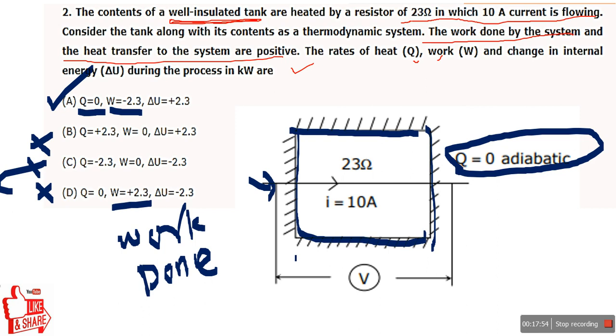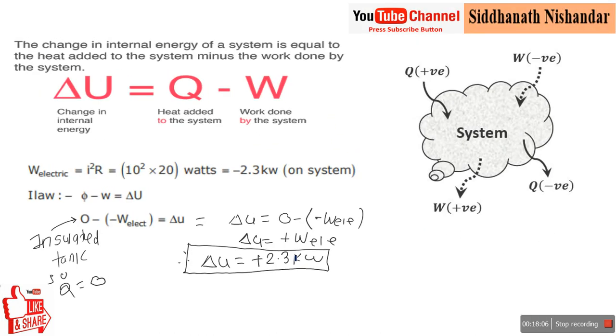We can also find the correct answer by calculation. In that case work is done on the system, and here the work is electrical work. In previous videos I explained the different forms of work. This is the fundamental formula again in front of you, and this is the sign convention for your recall. Here we do electric work on the system.